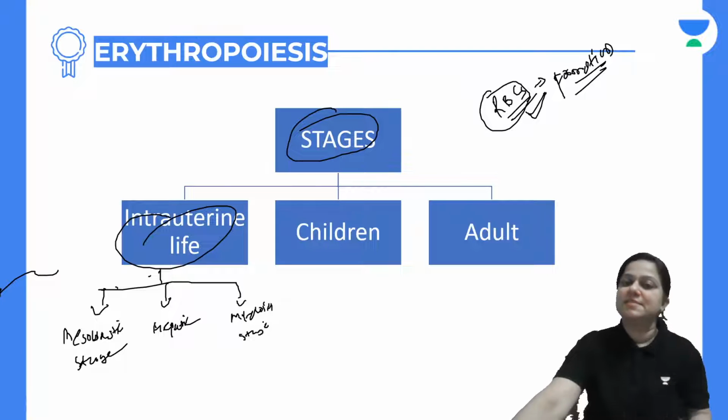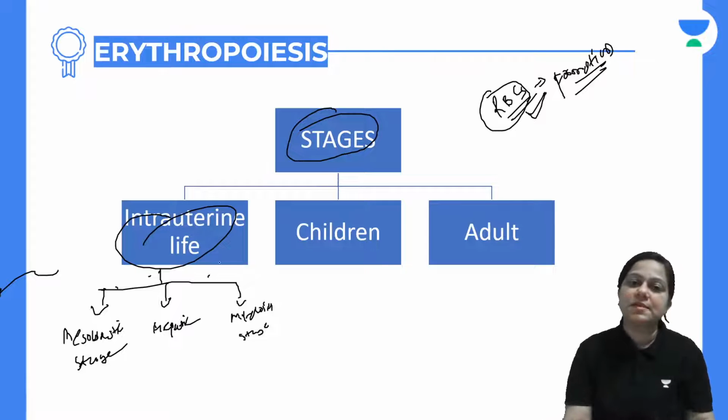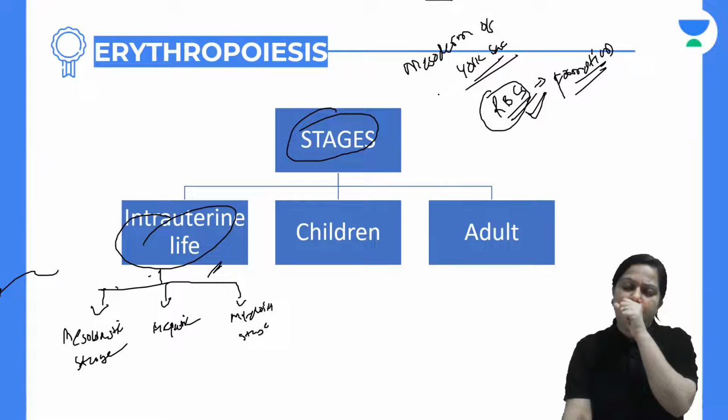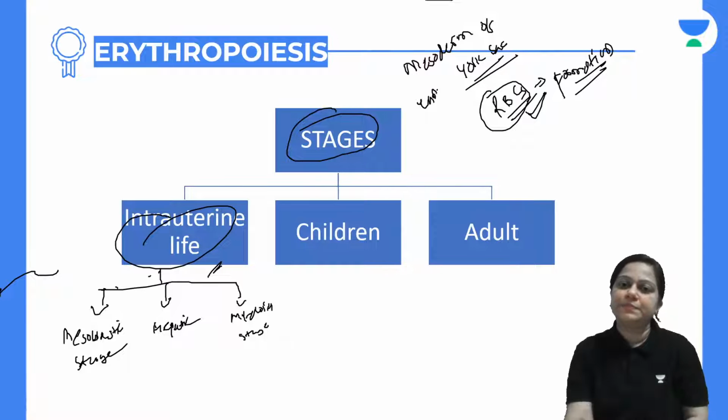Mesoblastic stage is a stage where the erythropoiesis occurs in the mesoderm of the yolk sac. It occurs from the early embryo up to 3 months of intrauterine life.